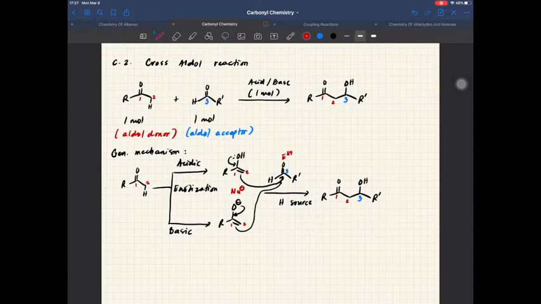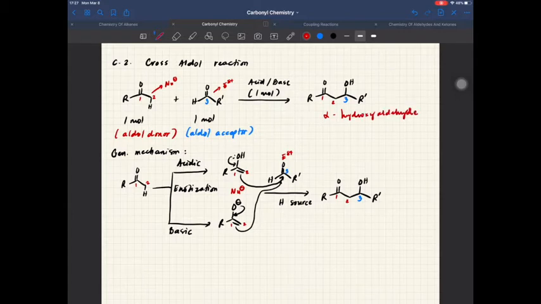That's what we call the aldol donor, and the aldol acceptor is our electrophile. So we have an electrophile here, and we have our nucleophile source. Okay, so this cross-aldol reaction will yield the same product as before, alpha hydroxy aldehyde and ketone.